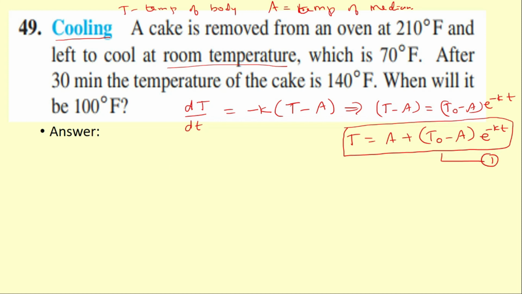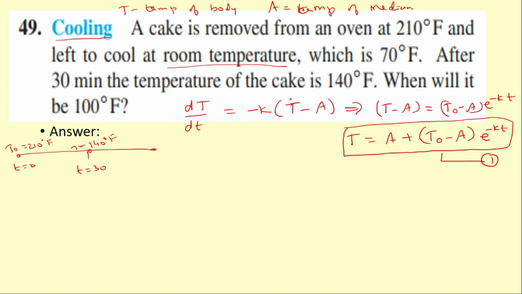Well, initially when you draw the real number time line, when t is 0, the cake is removed from the oven, your time clock starts and the temperature is capital T0, which is 210 degree Fahrenheit. After 30 minutes, so when t is 30, the temperature of the cake is 140 degree F. This is another T. So we can use these two pieces of information to figure out the value of k.